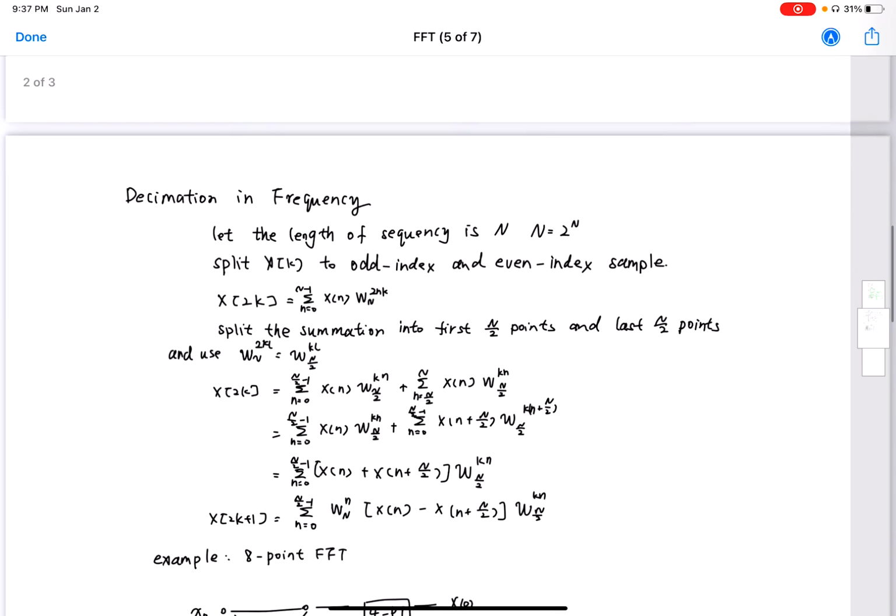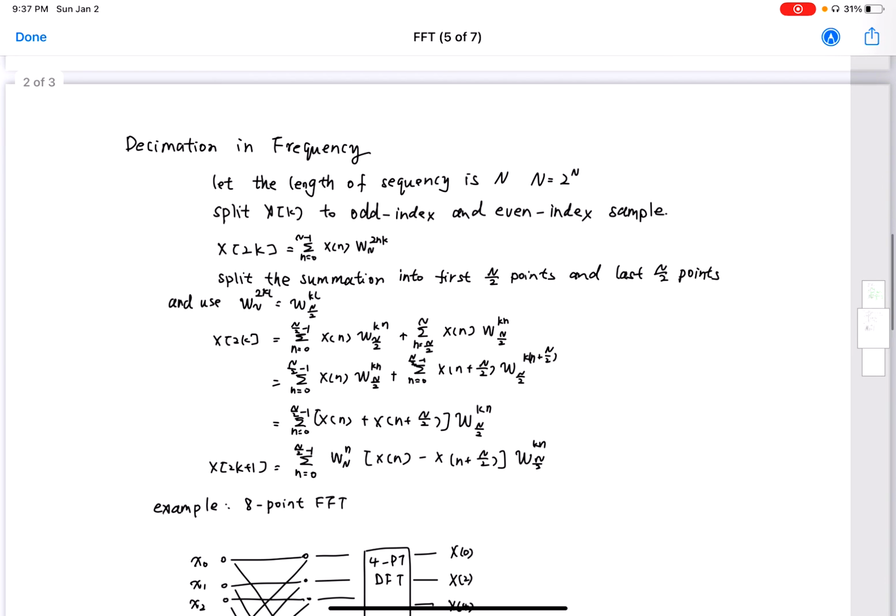Another fast Fourier transform I want to mention is decimation in frequency. In this algorithm, we also assume the length of the sequence is N, where N is a power of 2. Then we split the signal in frequency domain into the odd index and the even index samples.